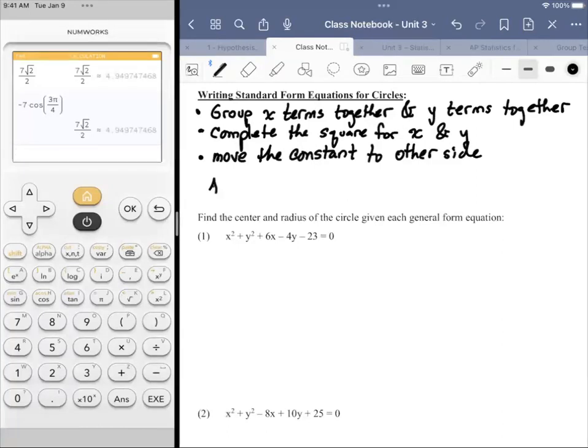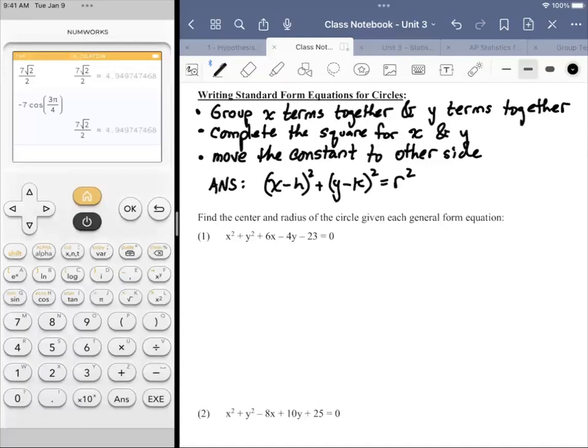Your answer should be in the form of X minus H squared plus Y minus K squared is equal to R squared. All right. So we group the X terms together and the Y terms together. Complete the square for X and Y, move the constant to the other side, and our answer should be that of a standard form of a circle, right?